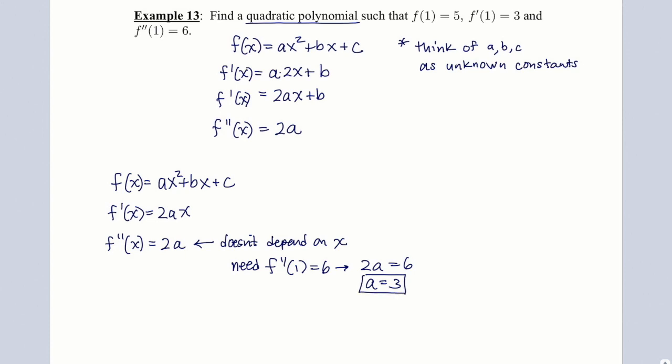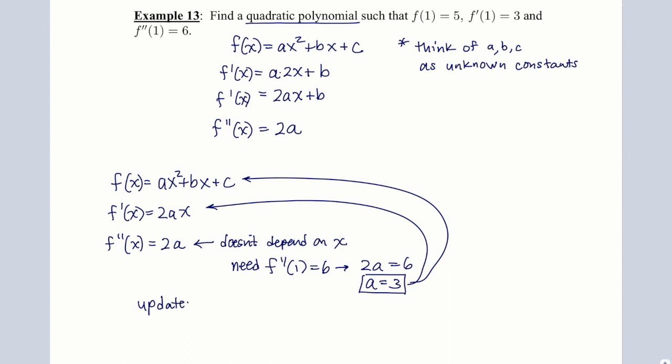So now we know that a is 3, we can update the other two, and we can say now the second derivative is actually 6x, right? And we need the second derivative at 1 to be 3. Excuse me, the first derivative at 1 to be 3.